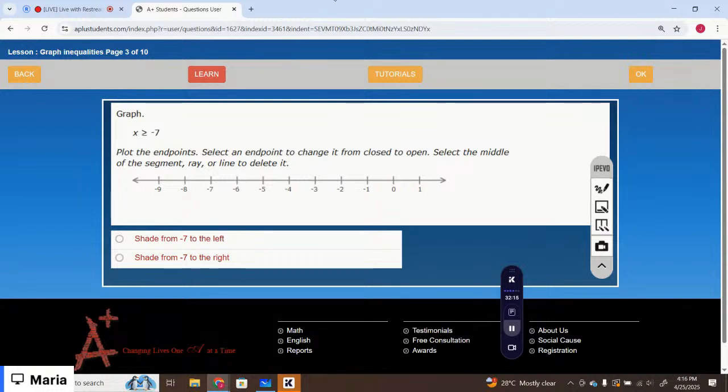X is greater than or equal to negative 7. So you have to shade from negative 7 to the right. Option number 2 is the correct option. That is, shade from negative 7 to the right.